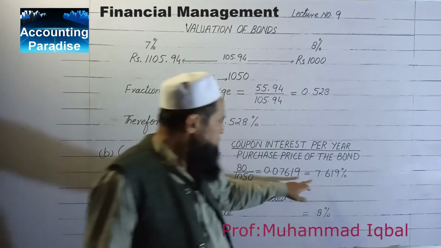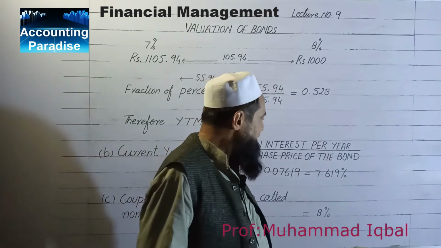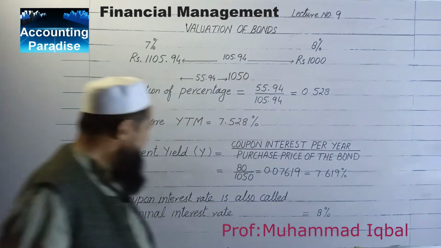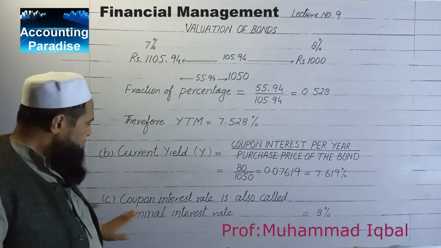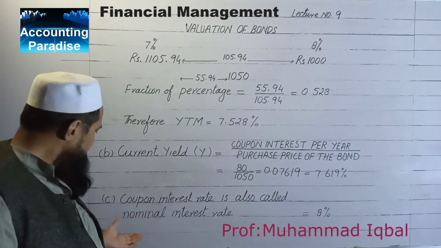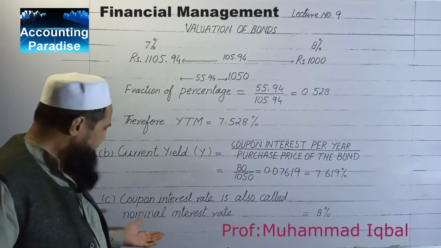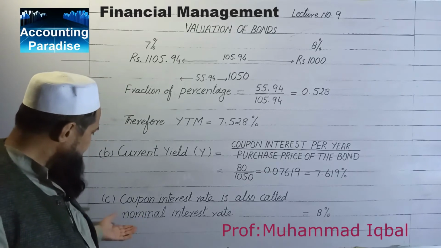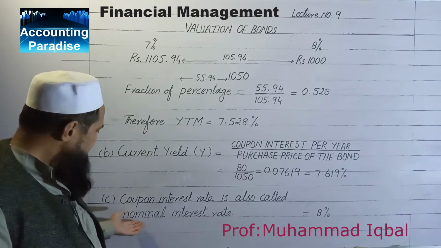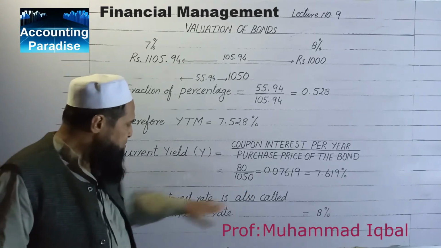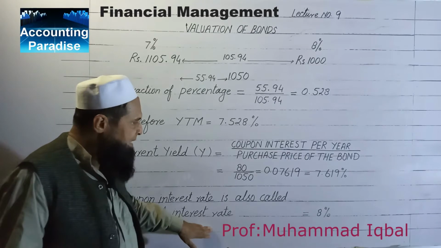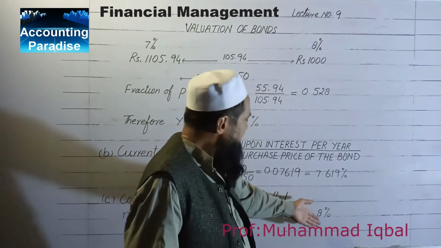It comes to 7.619%. And the third, C part, is coupon interest rate. Actually we have to calculate nominal interest rate. Coupon interest rate is also called the nominal interest rate, which is equal to 8%.